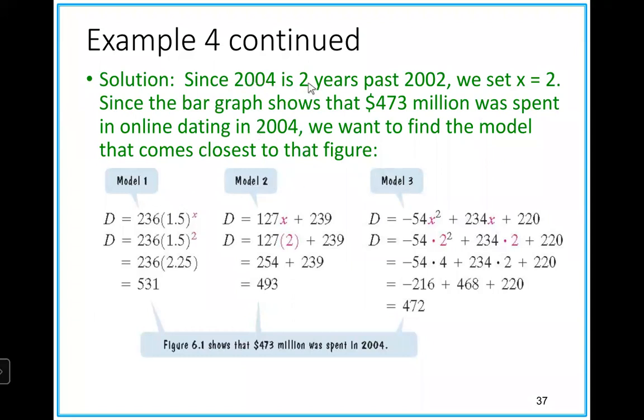Okay, so 2004 is 2 years after. Remember, X is the number of years after 2002. So they put 2 in place of X for each of them. Wherever you see X, you put 2 in place of it, and you do your calculations. So the first one gives you 531. The next one gives you 493. And the third one gives you 472.